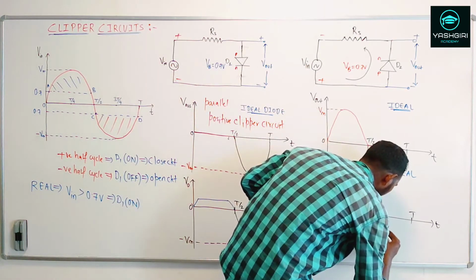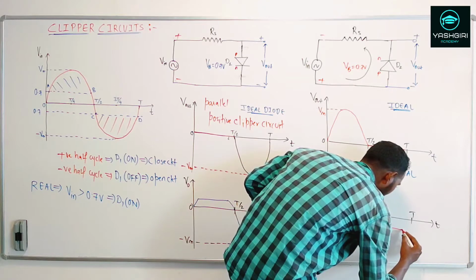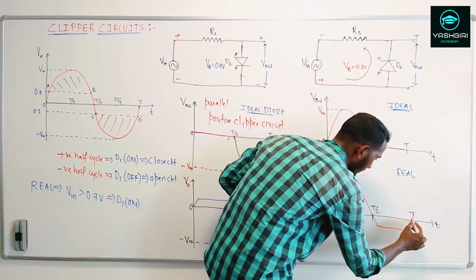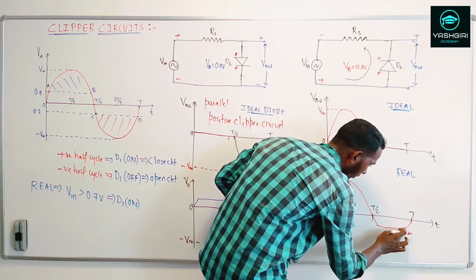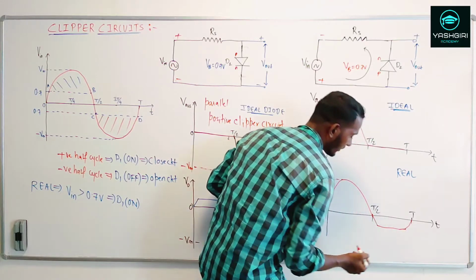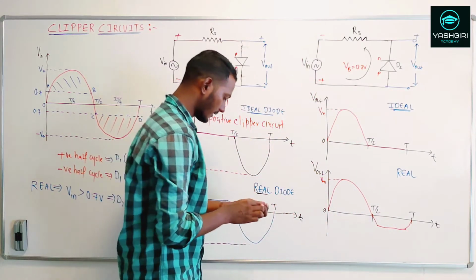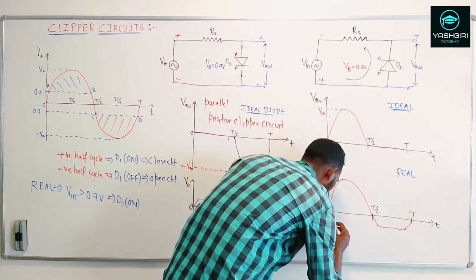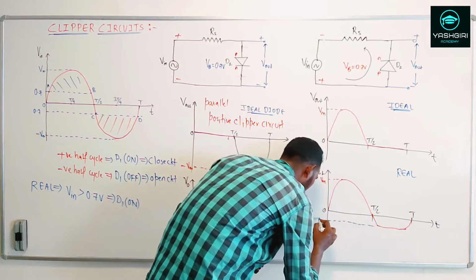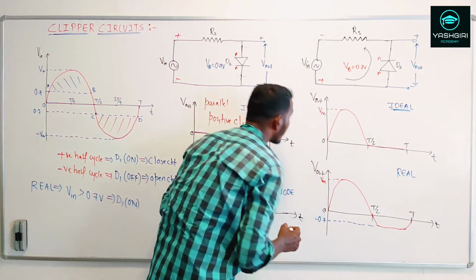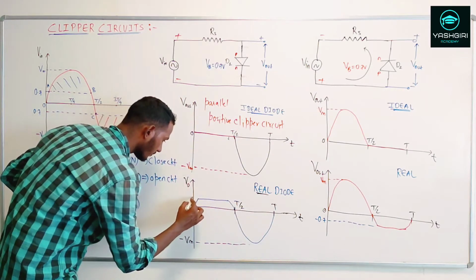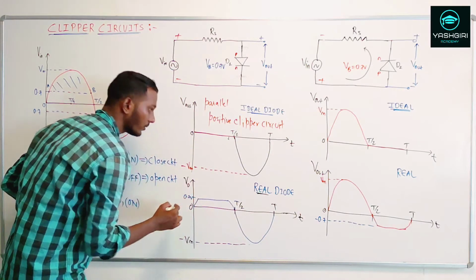So you will find the current flowing in that and you will get a flat line. And once again, if it decreases, then the output follows the input. So you will get it like this, where this is just my 0.7 volt. So this is my 0.7 volt. Here also, this is my 0.7 volt.